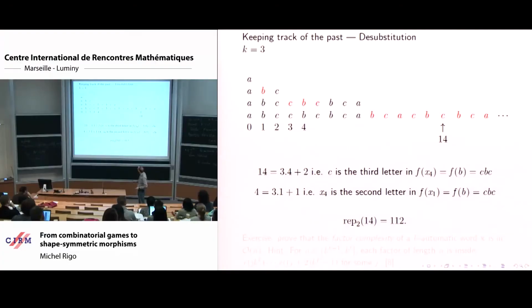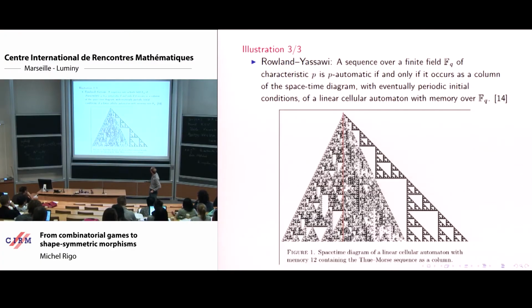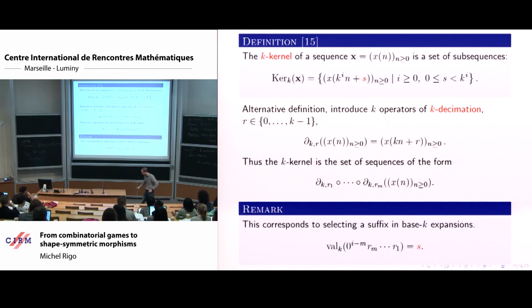I will also need this at some stage. So where is the kernel? It's over here. The k-kernel of a sequence, so the base k is fixed, is just a set of subsequences. It is the set of all the subsequences that you get by taking every single element out of k, shifting it, and repeating this operation.